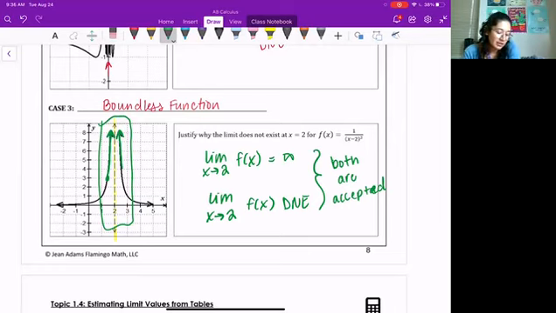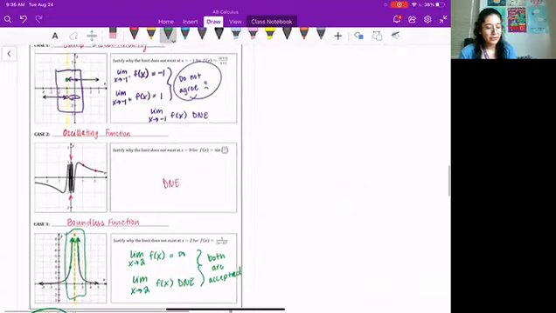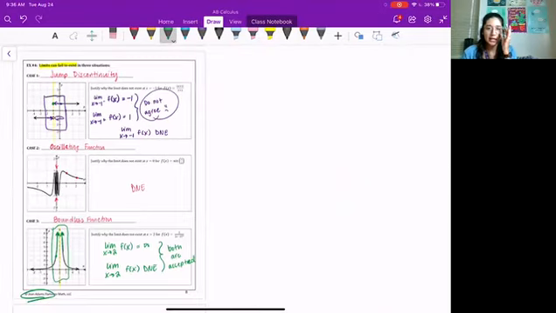I guess Jean Adams, who wrote this notes page, says that she thinks this does not exist. Personally, I like to say infinity just because it's not like I don't know anything about what's going on. It's going up. That tells me something. But you could say that my limit approaches infinity. You could say that it doesn't exist. Either answer is acceptable. So these are the three cases where limits would not exist.